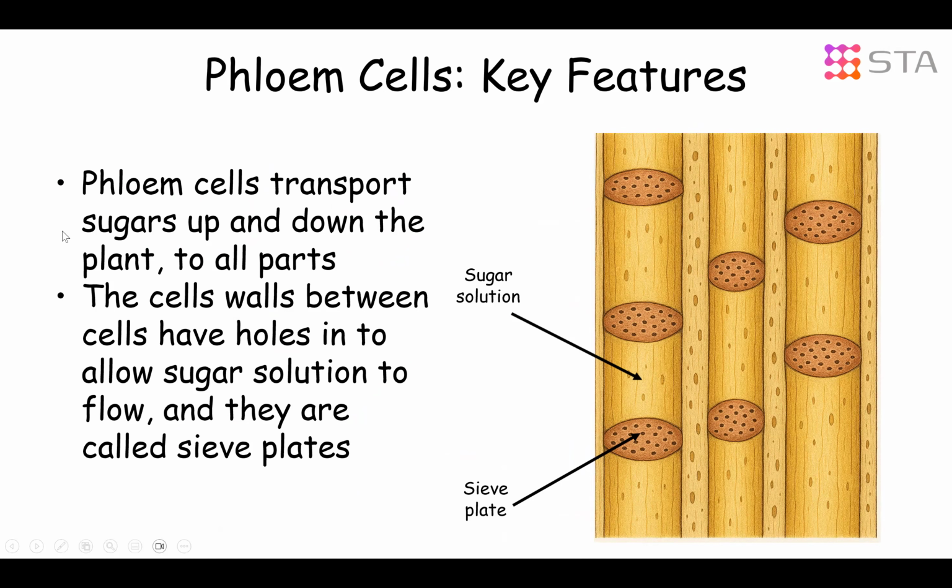So, just a quick summary there. Light energy and CO2, carbon dioxide, which is taken in by plants, and water make sugars like glucose plus oxygen in photosynthesis.